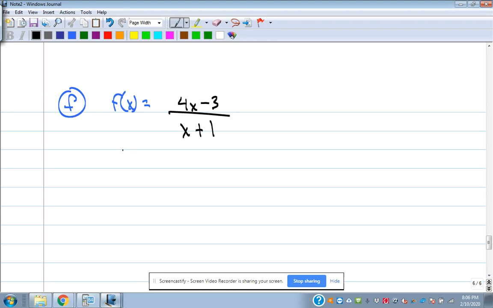Really, really simple looking one. We're going to do the same things. We're going to find the domain. We're going to get our asymptotes, vertical, horizontal, obliques, and then look at the graph of that. So very simple looking rational function, but it's still a rational function nonetheless. So let's get our domain first before we do anything else.